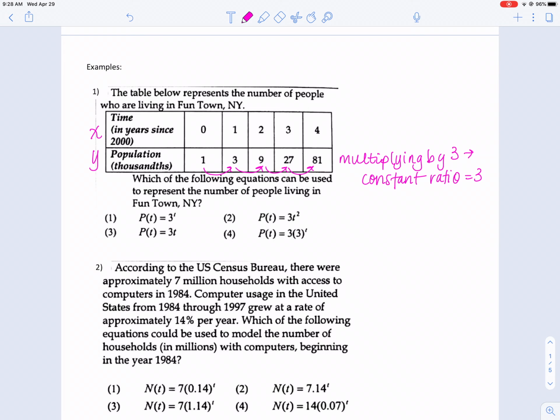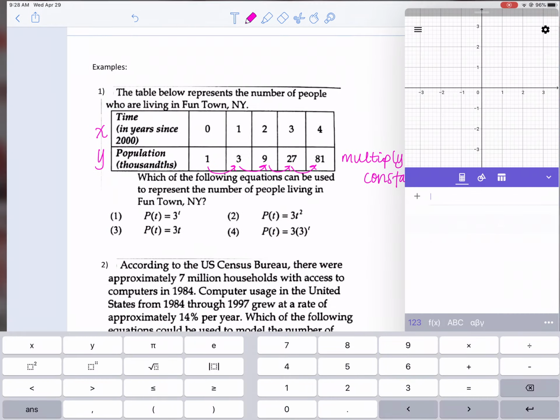So here's one thing you could do. Let's just say you're not really knowing, oh, is it exponential? Is it linear? Is it quadratic? Put them in the calculator. So like just for instance, number 1, it's 3 to the power of t. We don't know a power of t, so we're just going to use the power of x.